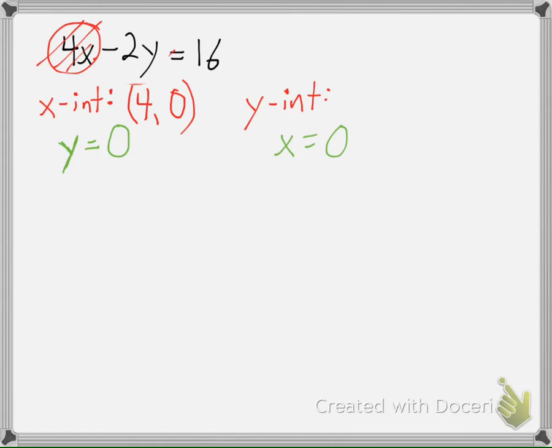So when the 4x goes away, you still have minus, so negative 2y. And so if I have negative 2y equals 16, if I divide through by negative 2, I get y equals... I heard a couple of answers. 16 divided by negative 2 is negative 8. That's my y value. My x value is 0. So my y-intercept is (0, -8).